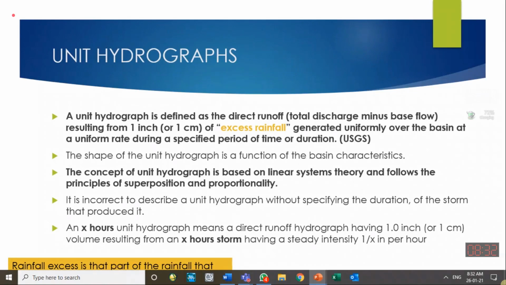Same wording, effective rainfall, but a different meaning for different people. In hydrology, effective rainfall is that rainfall which is converted into direct runoff. Another name for effective rainfall is excess rainfall, the rainfall after losses have occurred.